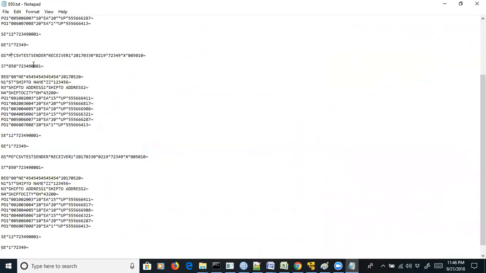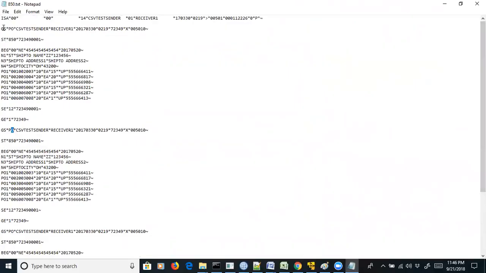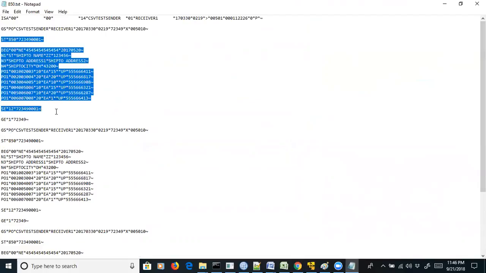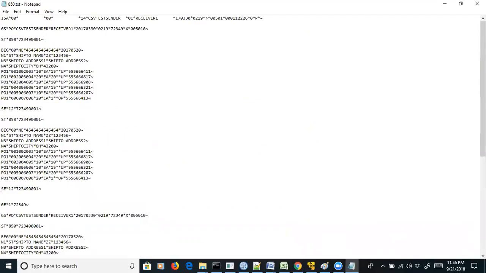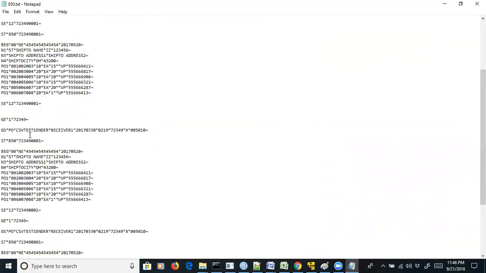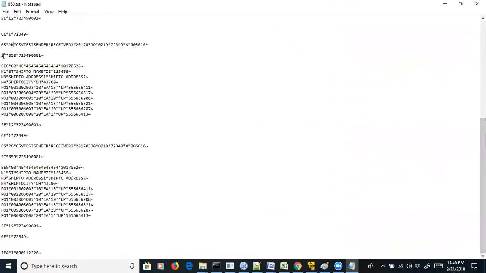This is your purchase order group, so this is GS, and this can have multiple ST and SE. Then you will have a different kind of functional group, say AK, acknowledgement, and here you can have a different functional group.